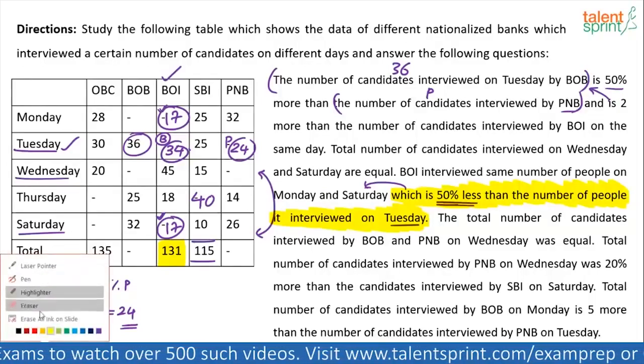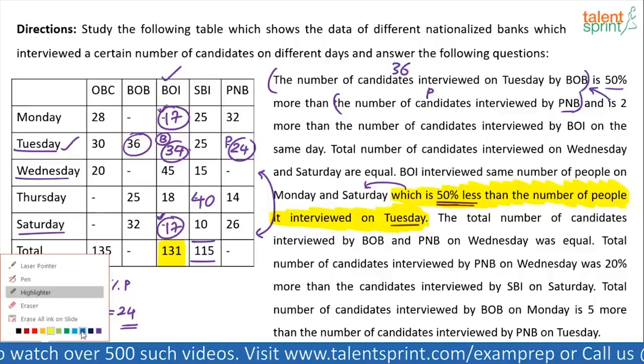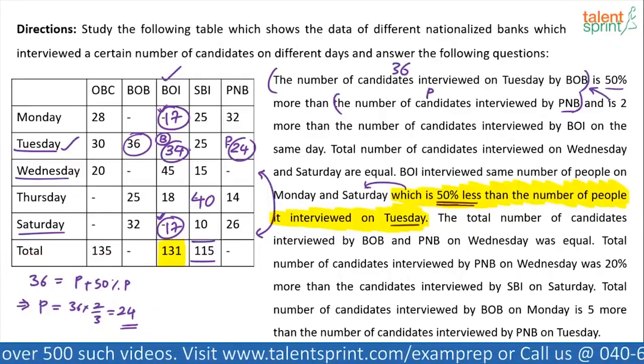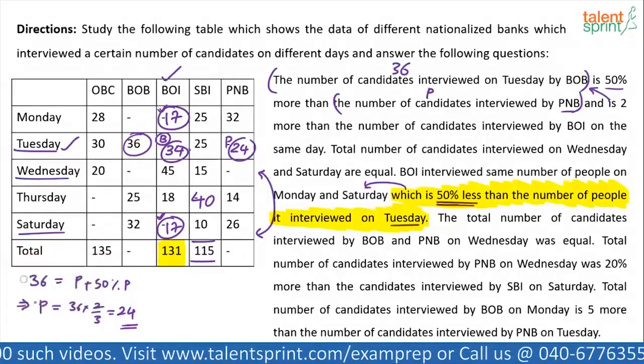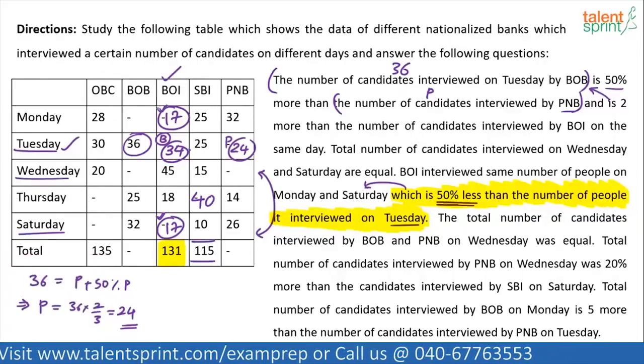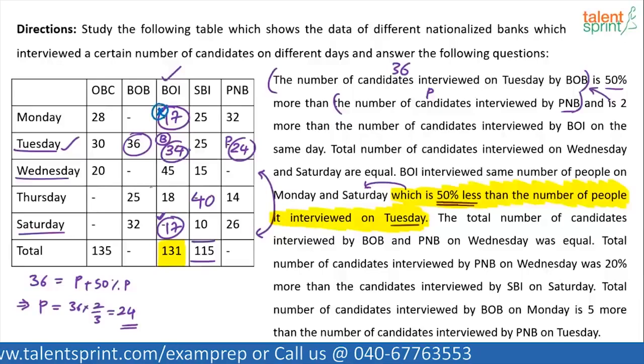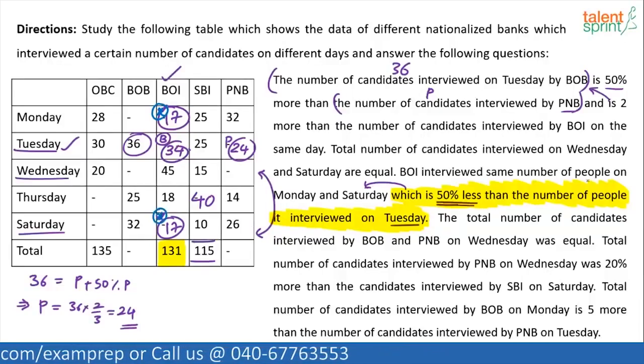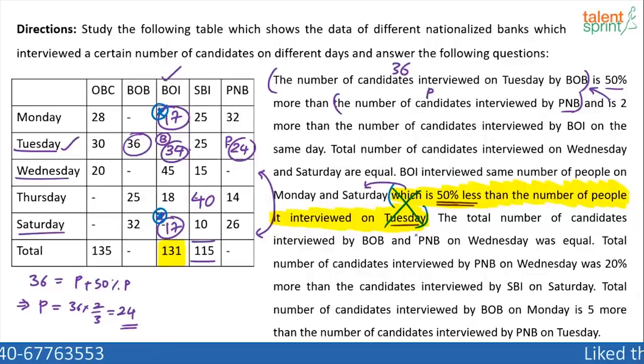So for the sake of argument, let's assume the number of candidates it interviewed on Monday was X. The number on Saturday will also be X. Now, if I neglect this part, how can I say it is not required? Because X plus 34 plus 45 plus 18 plus X should be 131.